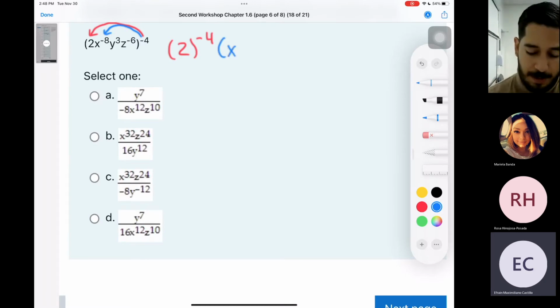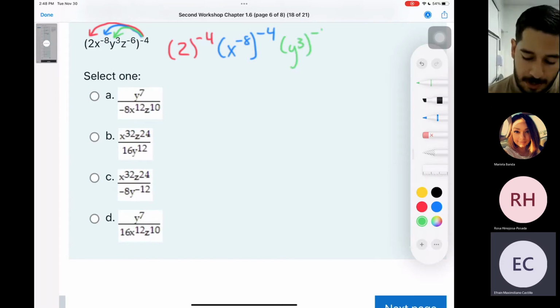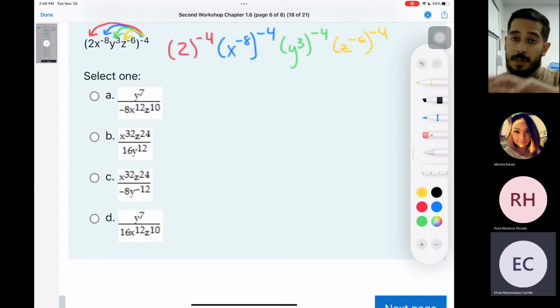So second is x to the power of negative 8, and I'm giving it that new exponent, to the power of negative 4. The same is going to happen for the y. It already has an exponent, so be it. Give it an extra exponent. And then the negative 4 also goes to the z. Z already has an exponent, so be it. Okay, it gets an extra exponent. So that exponent got distributed to every single thing that I have inside the parentheses.